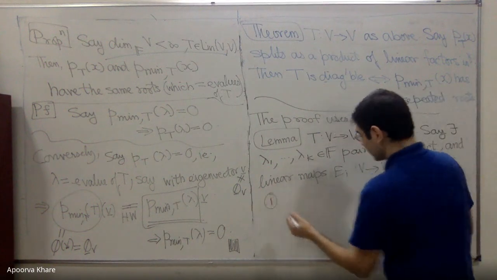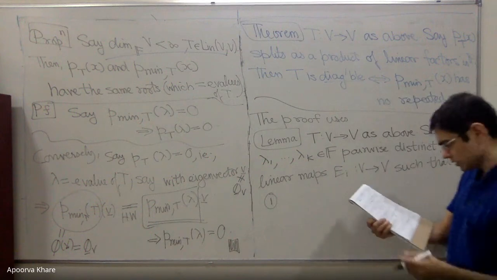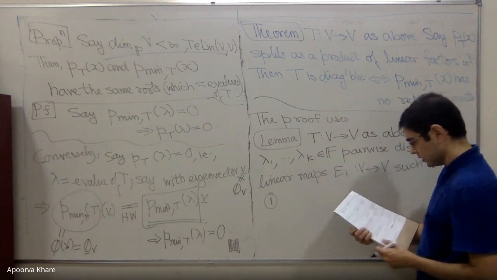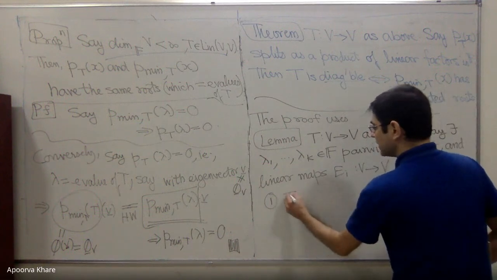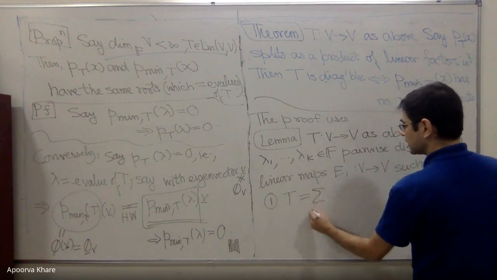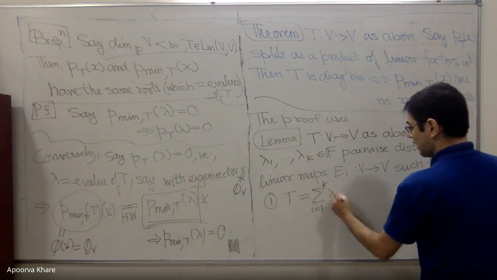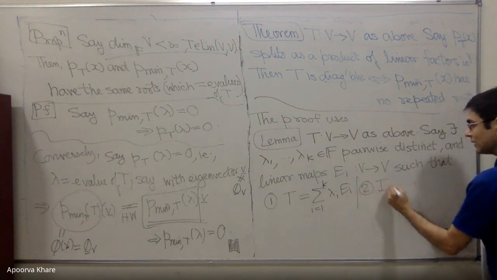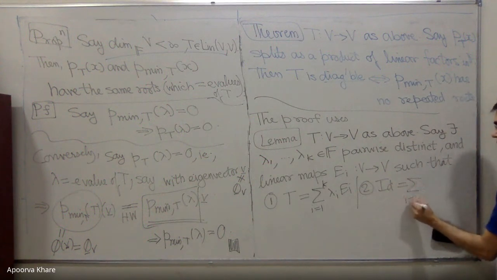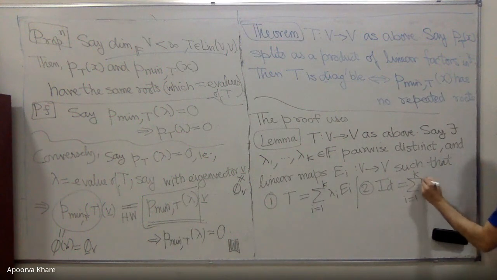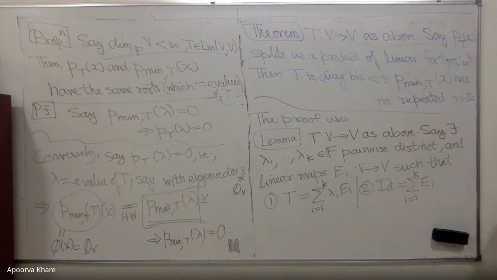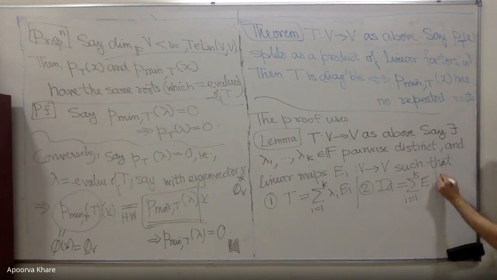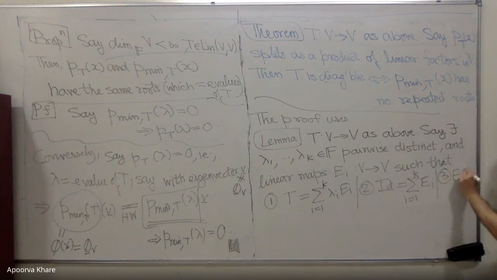One, the map T is equal to the linear combination, the summation as i goes from 1 to k, of lambda i times Ei. Two, the identity map is the summation from i equals 1 to k of Ei, E1 plus E2 plus up to Ek. And three, Ei composed with Ej is 0.